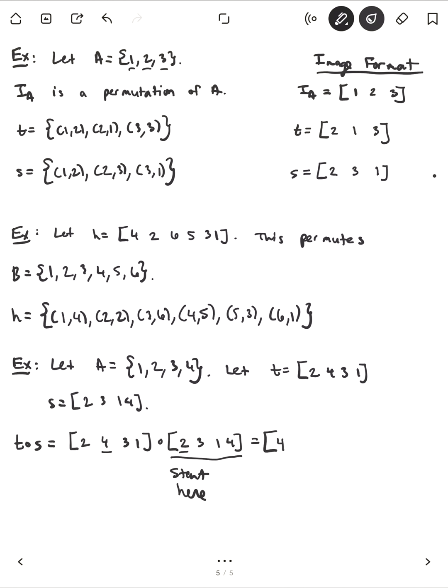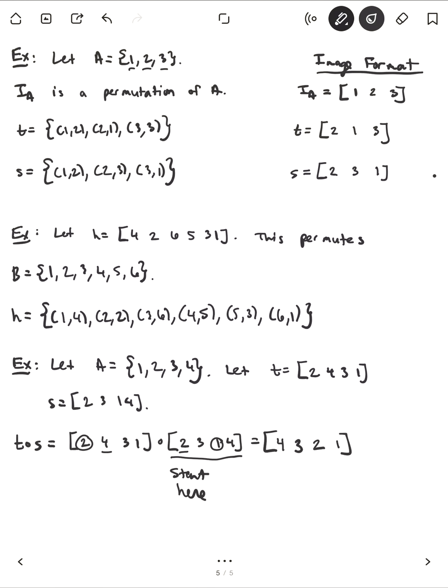And so ultimately you get 1 is mapped to 4. 2 is mapped to 3, and then 3 is mapped to 3. So you get 3. 3 is mapped to 1 under S, but then 1 is mapped to 2 under T. And then just for a sanity check, 4 is mapped to 4 under S, but then 4 is mapped to 1 under T. So you get 4, 3, 2, 1.